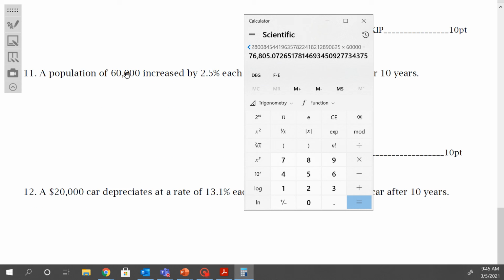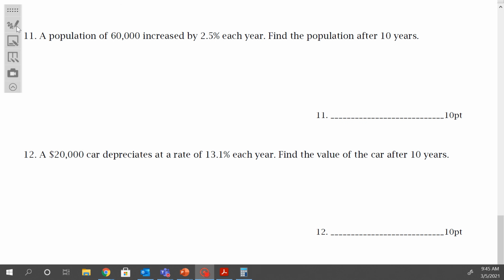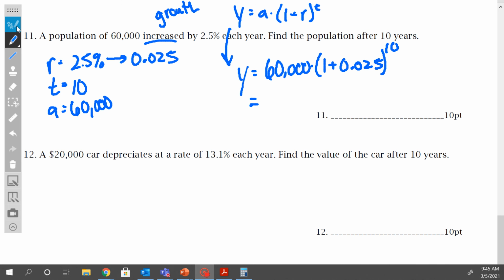No. So I'll just round it to the nearest person because we're talking about people. So 76,805. So that would be the population after 10 years, number 11.